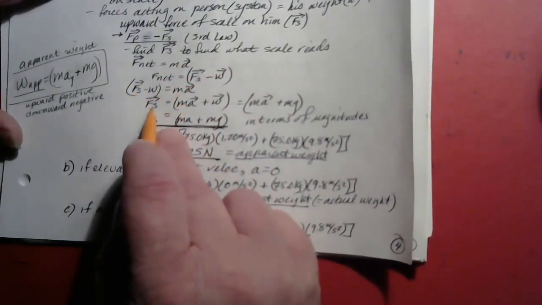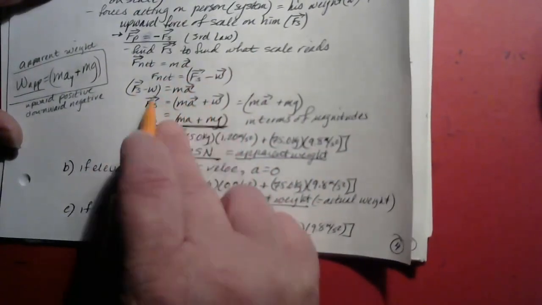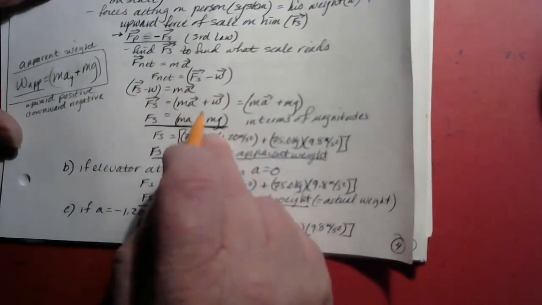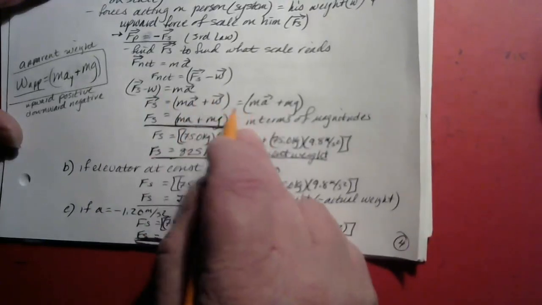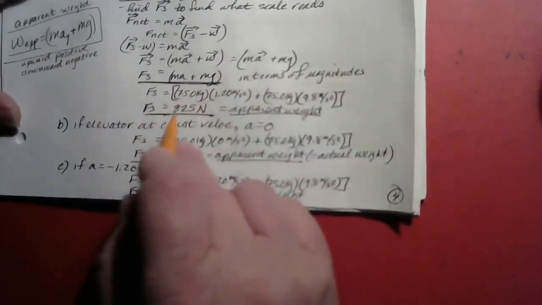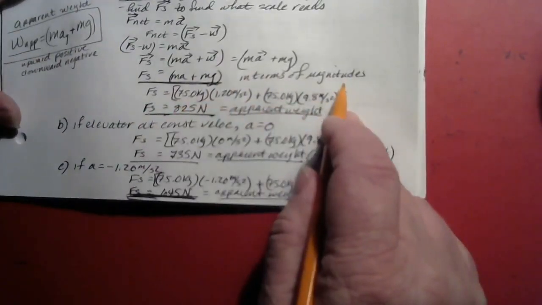If we want Fs alone, that's going to be Fs equals MA plus W, because you take the W over to the other side and change the sign. And W, of course, is mg. So Fs is equal to MA plus mg. This is in terms of magnitudes, because that's what we really care about here, rather than directions.